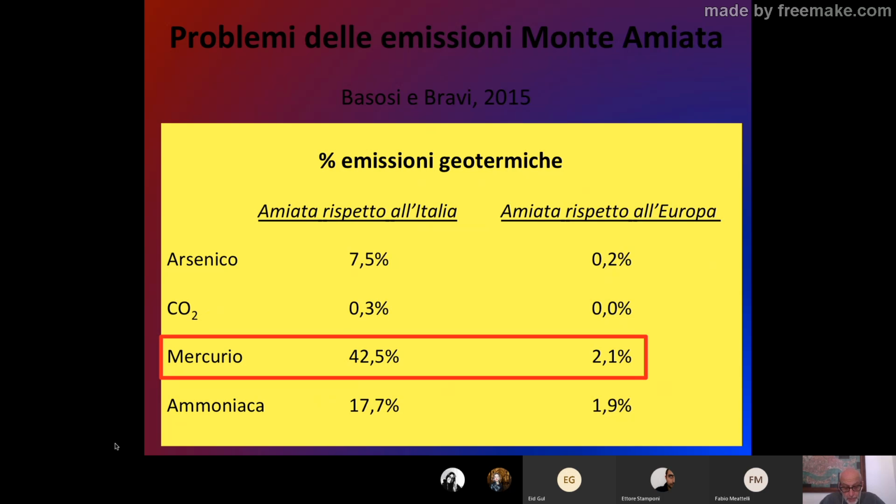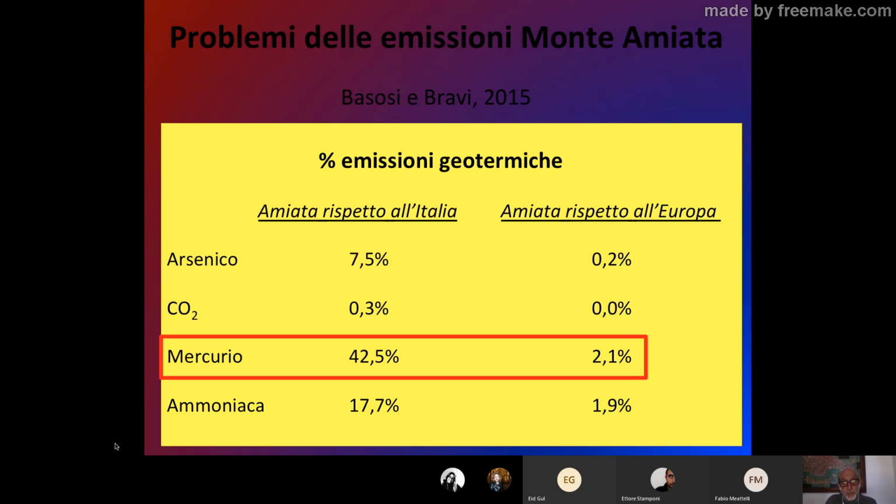Now, if we consider that about the same amount of mercury is emitted by the power plants at Larderello, we can say that about 80 to 85% of the mercury emitted from all industry in Italy comes from the geothermal power plants in Tuscany, at Amiata and Larderello. So 85% of the full mercury emissions, and this mercury is not actually accounted in the mercury emissions for industries.